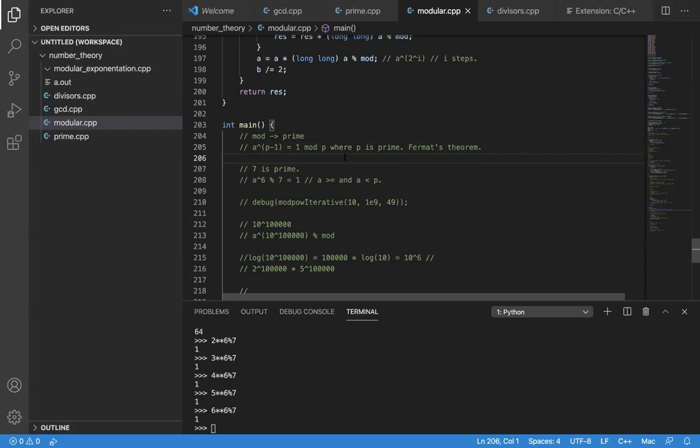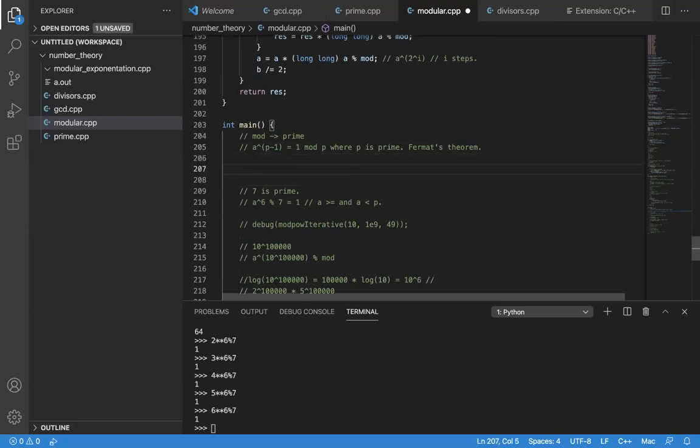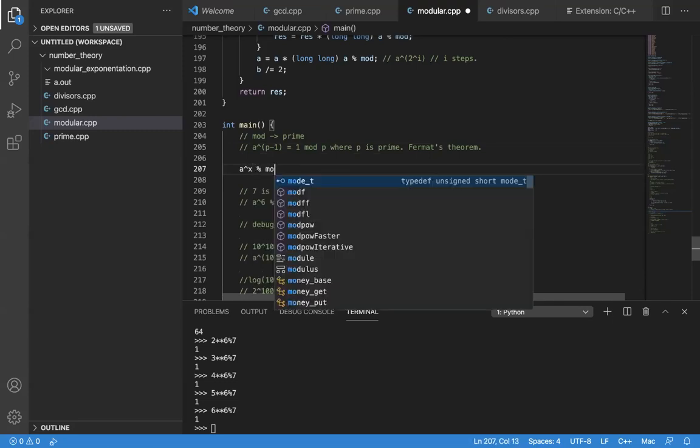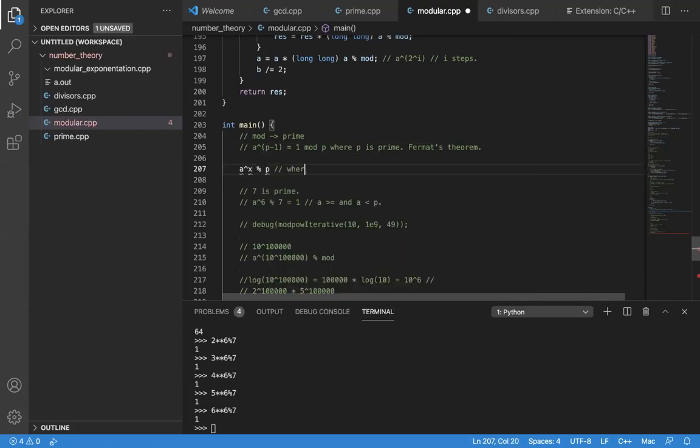Suppose I want to compute a power x mod p, where p is prime. If x is less than p, then I can just use the modular exponential algorithm and my answer would be calculated in log of p time.